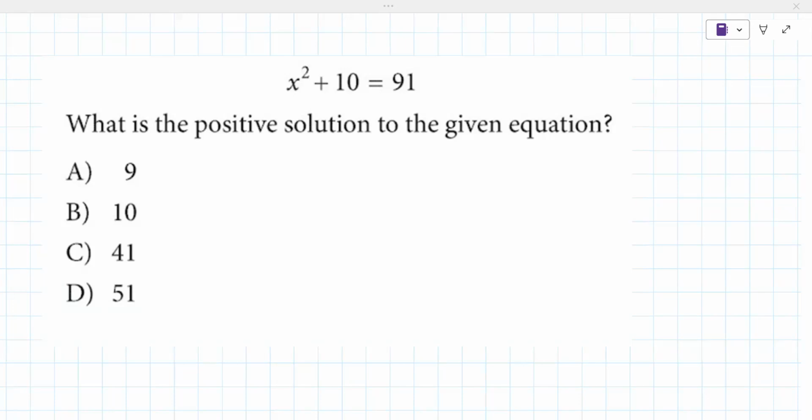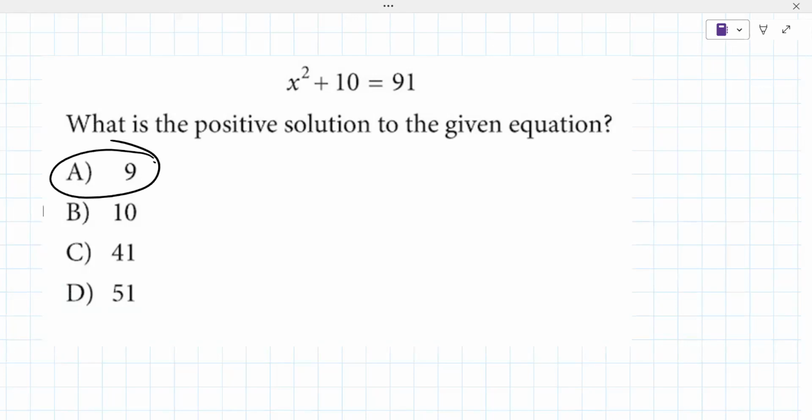If you want to give this a try, let me know what you come up with. It'd be 9. It is 9. Good.